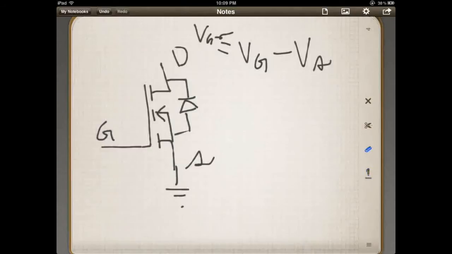Oh boy, that was terrible looking. You see that? All right, VGS, okay? That is our gate to source voltage.